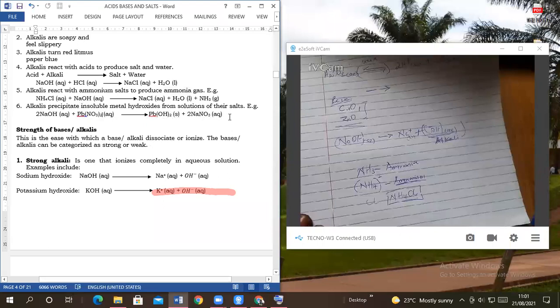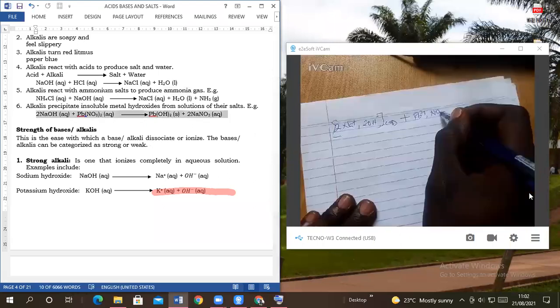So if you are asked to write the ionic equation, you must be in a position to derive it. Here we shall have the ionic equation as 2 sodium ions, then 2 hydroxide ions. Now I'm going to separate them individually. I don't want these two to remain behind. So here, this is aqueous. We shall form lead nitrate: lead 2 ions, and then nitrate ions.